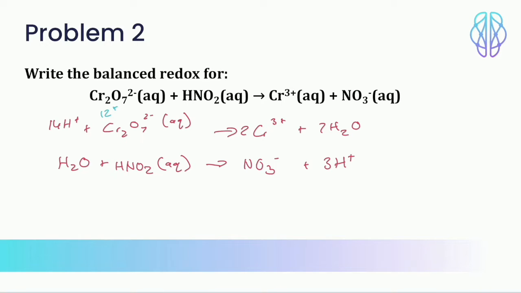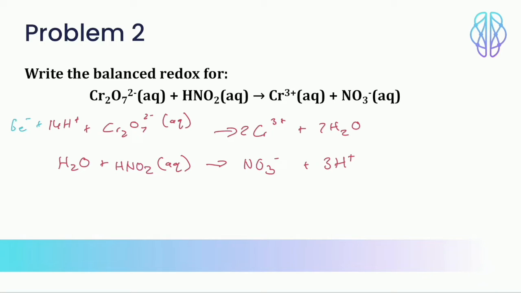Now on the right-hand side, we've got 3 here, but it's multiplied by 2 because we've got 2 of the chromium. So we've got a 6 plus. Now we've got to balance them out. And since we're only balancing them by adding electrons, which are a negative charge, we're going to have to bring our left-hand side down. So to bring it down, we're going to add 6 electrons. So that will balance out our charge between the two.